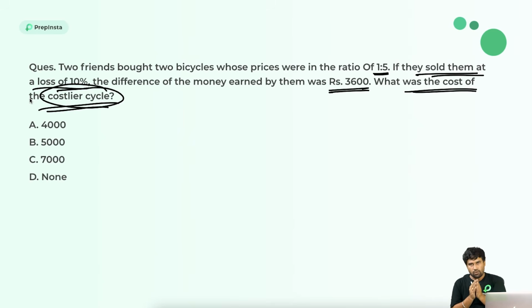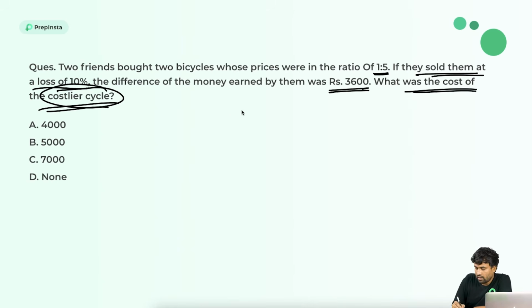Whenever you have this type of profit and loss problems with ratios, I always suggest you don't need to assume the prices of the bicycles as x and 5x, because if you start doing that you will end up with messy calculations. I always solve these type of problems through assumption and cross multiplication. Even if you are seeing this type of shortcut for the first time, you can easily understand.